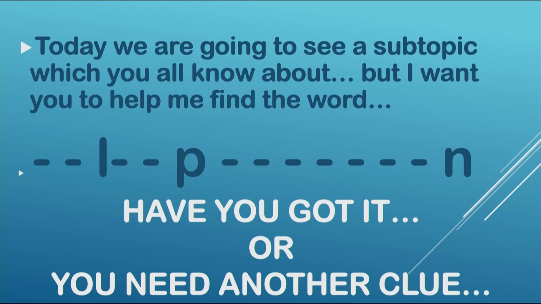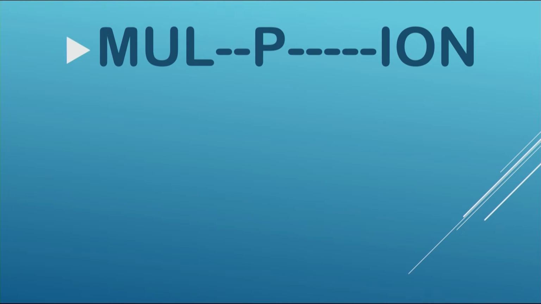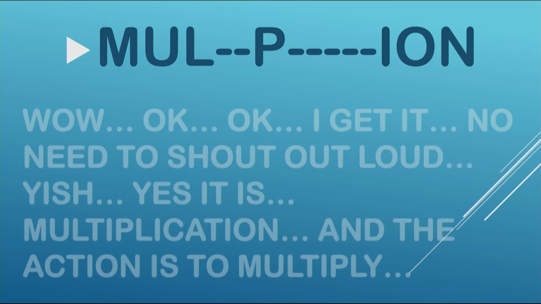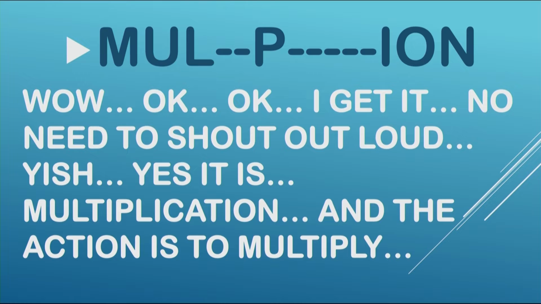Have you got it, or do you need another clue? There you go. Some more letters for you to be able to solve this puzzle. Whoa, it's okay, I get it. No need to shout out loud. Yes, it is multiplication. And the action of multiplication is to multiply.